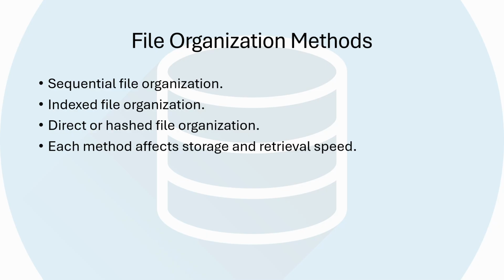This improves search performance but requires additional storage space for the index. Direct or hashed file organization uses a hash function to compute the storage location of a record. This allows very fast retrieval but may cause collisions that must be managed. Each method balances storage efficiency and retrieval speed differently depending on system requirements.